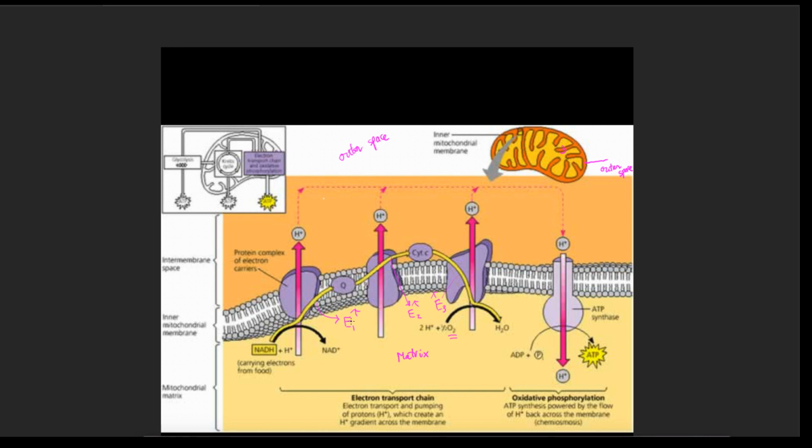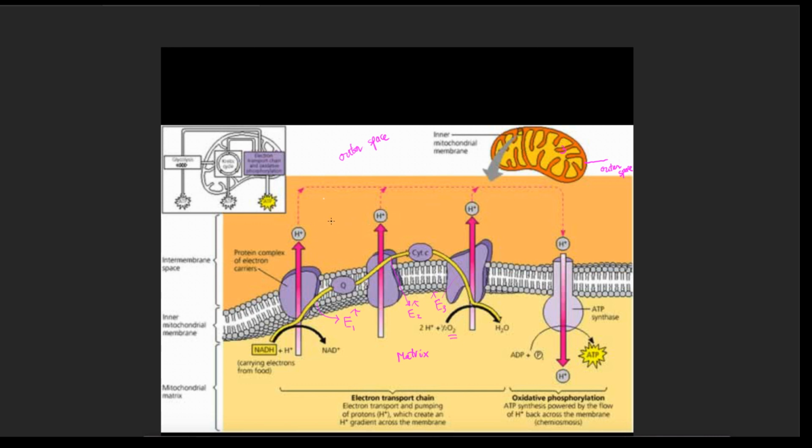So when energy is released, the energy will pump protons from the matrix area to the outer space of the mitochondria, and that keeps happening to the point that the concentration of protons in the outer space becomes very high. That makes the outer space acidic.